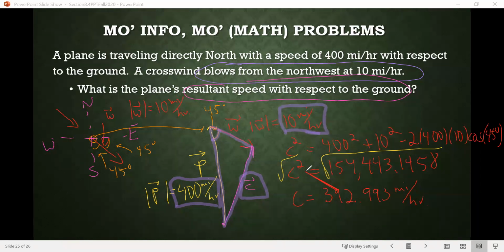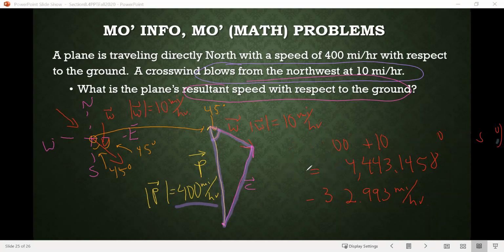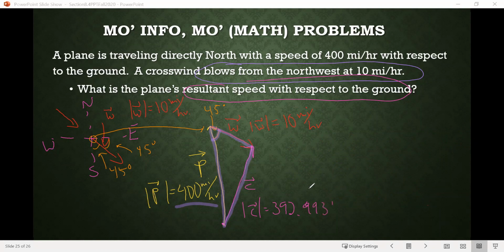All right. Cool. Let me erase a few things here. As I said, I didn't use quite correct notation here, so I'm going to use it this time. So again, we just found the magnitude of C is 392.993 miles per hour.